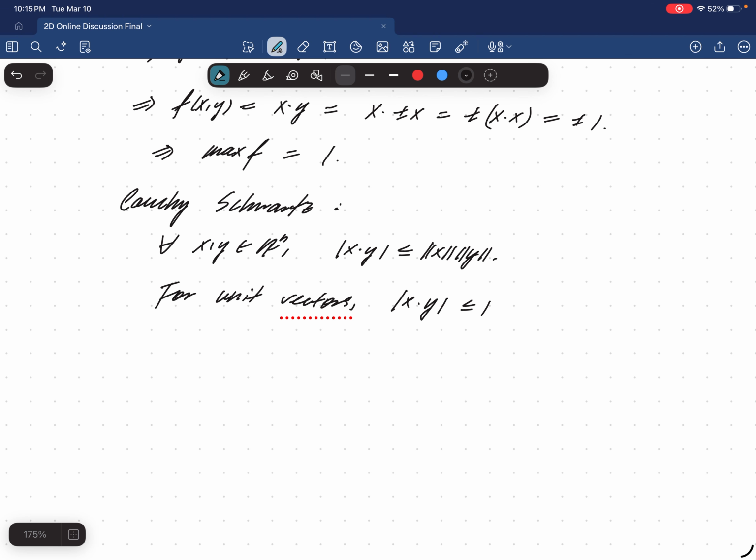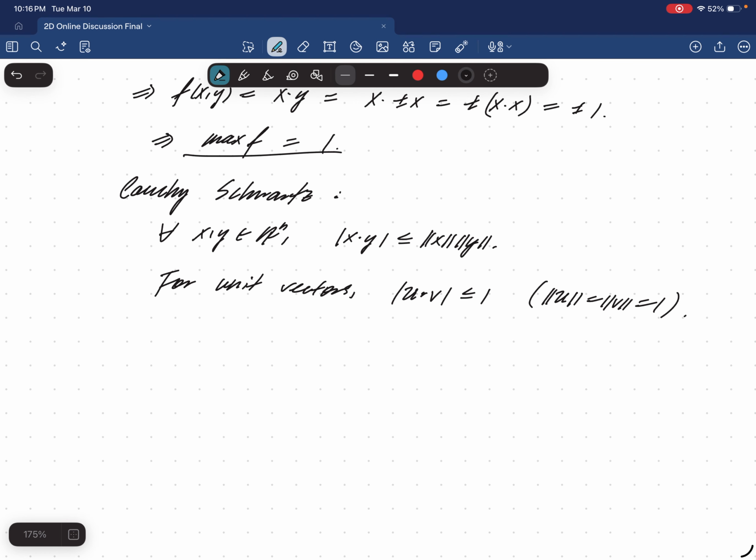So this holds for, let's not use x and y, let's use u and v here, because we maximized the dot product subject to the condition that u and v both had norm 1. And we know the max is 1, and therefore this dot product must not exceed 1 in absolute value.